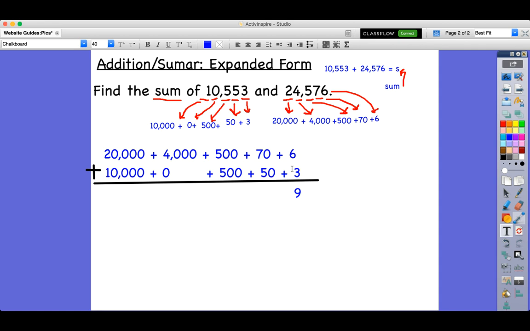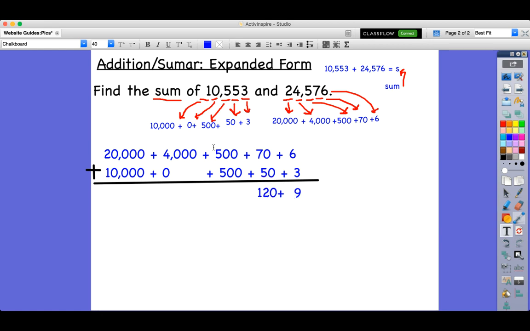And I'm going to start at 7 and count on 7, 8, 9, 10, 11, 12. So I can do the same thing with 70 and 50. I can say 70 plus 5 more 10s: 70, 80, 90, 100, 110, 120. So 50 plus 70 equals 120.